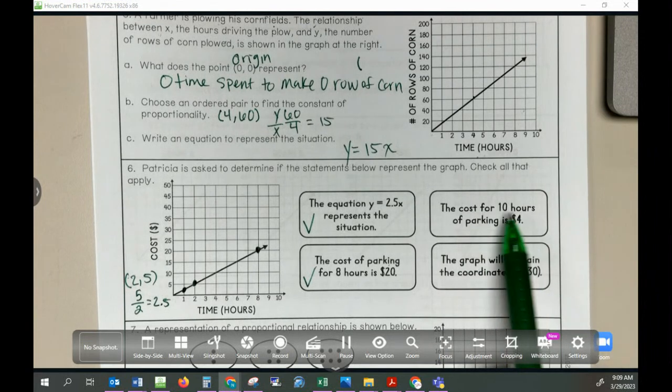Amina, the cost for parking for 10 hours is $4. Is that true? You said no? Why? Because what? Okay, so how much will parking be for 10 hours?